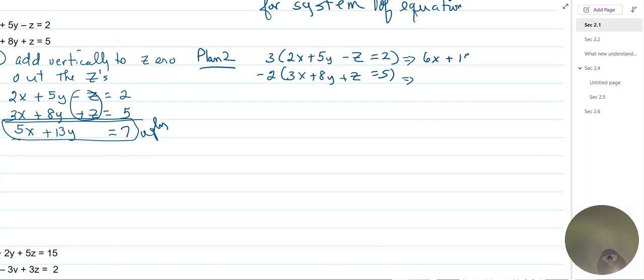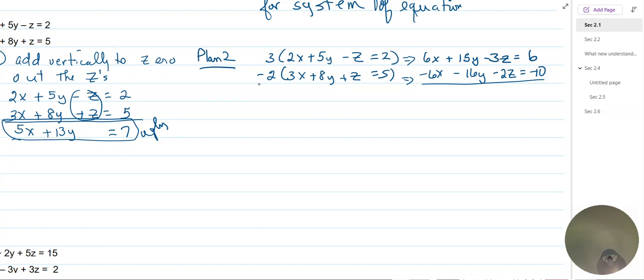So this is going to be 15y minus 3z equal 6. And on the bottom, I'm going to have a negative 6x minus 16y minus 2z equal negative 10, I believe. Let's see.